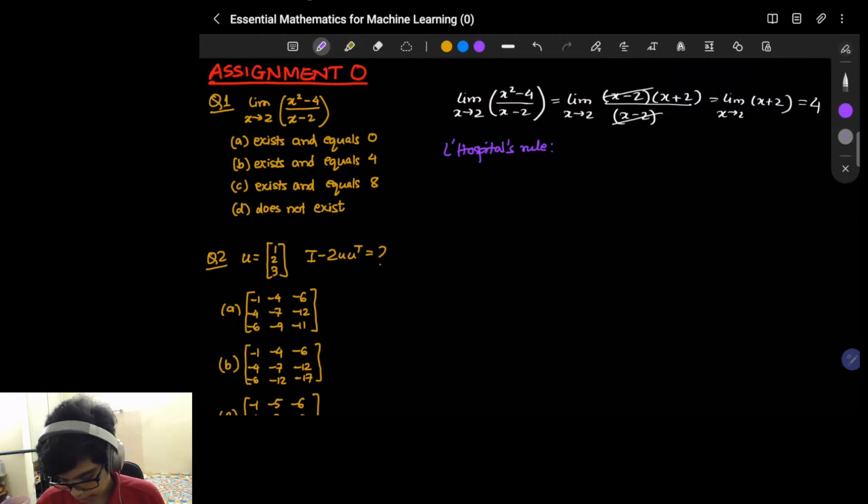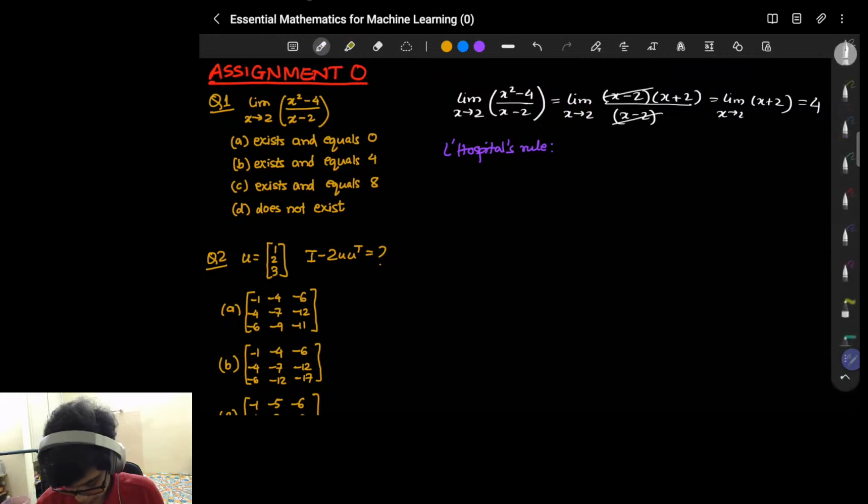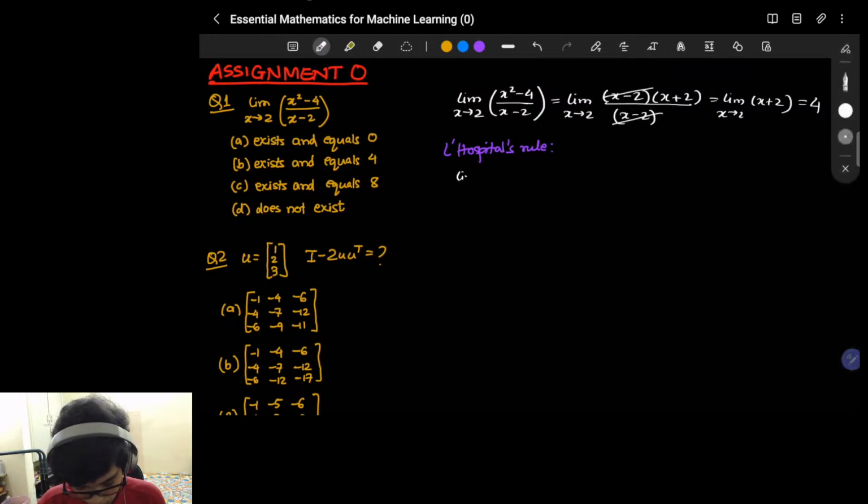So in this case, limit x tends to 2 of the given function is the same as limit x tends to 2. When we differentiate the numerator, we get 2x. When we differentiate the denominator, we get simply 1.